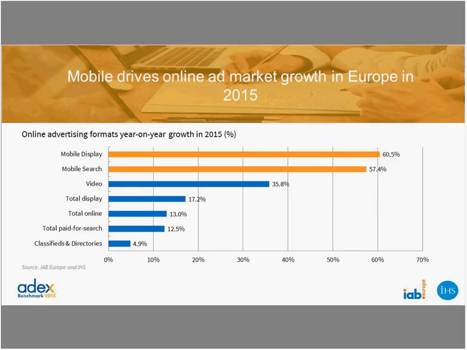And it's not just in one way, but in two ways. We see mobile display and mobile search outperforming significantly all other different formats available, even the advertising.